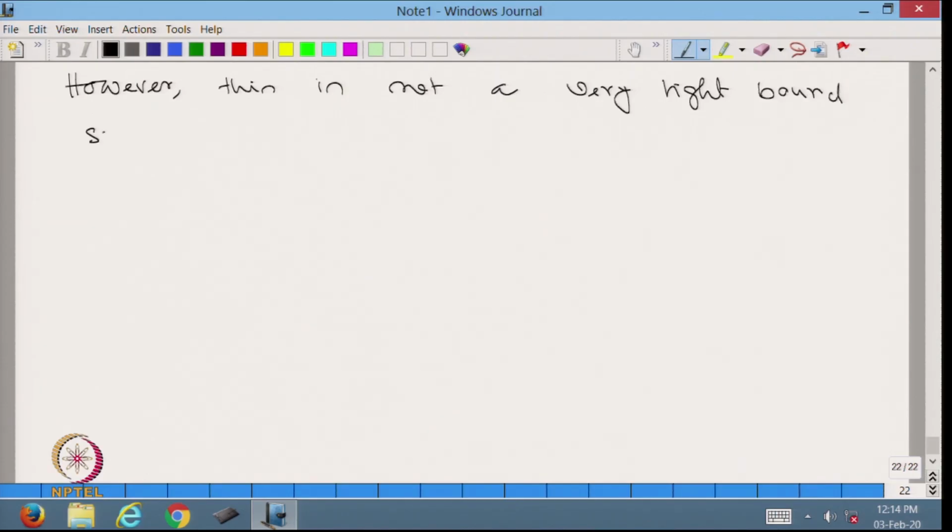Say x is uniform (0, 1), therefore mu is equal to half, and variance of x is sigma square, equal to 1 upon 12.